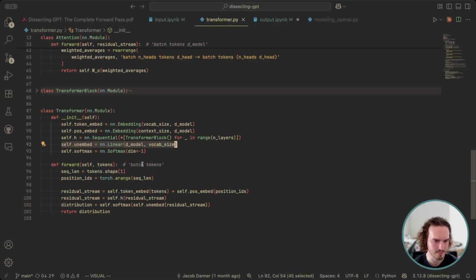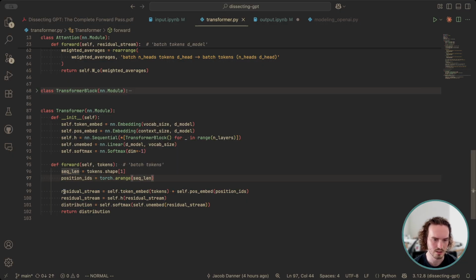When we actually run this model, we first get the dimension of the sequence length, and we need that so that we can get the position IDs.